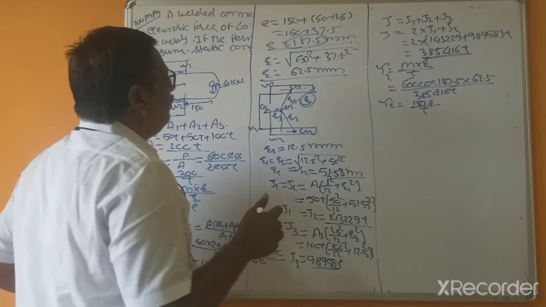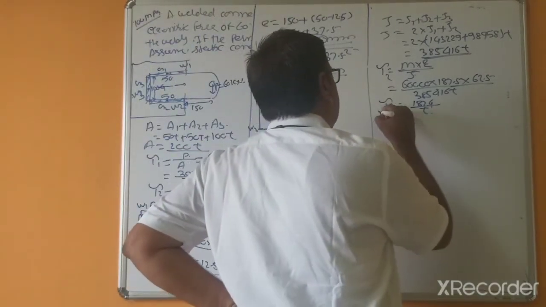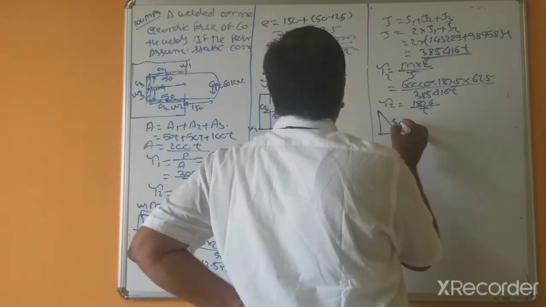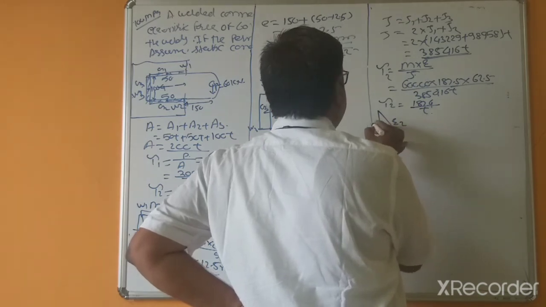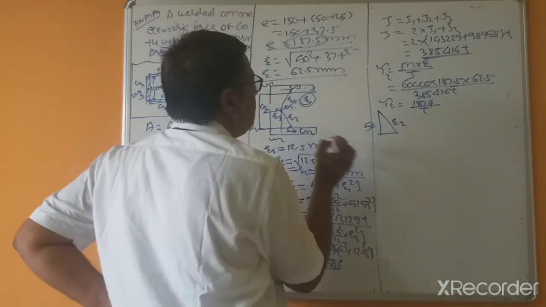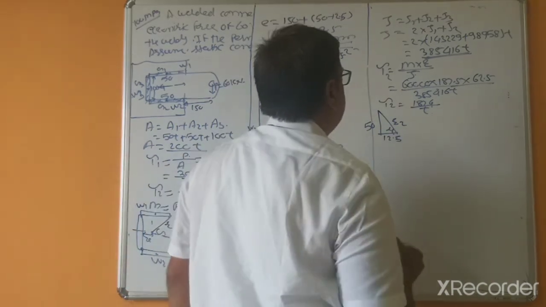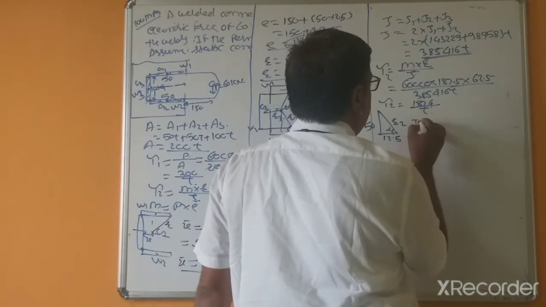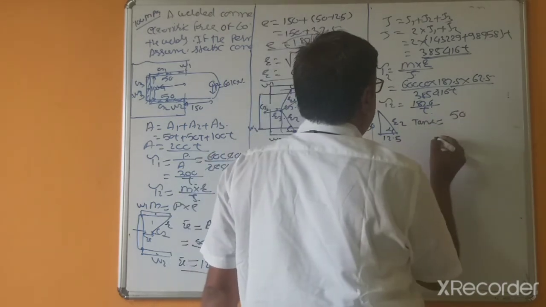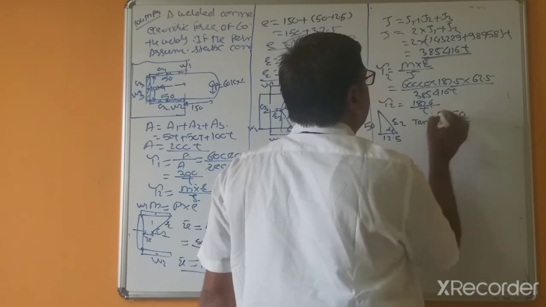Now we require these angles. This is R2, this distance 50 and this distance 12.5, this is alpha. So tan alpha equal to 50 divided by 12.5.